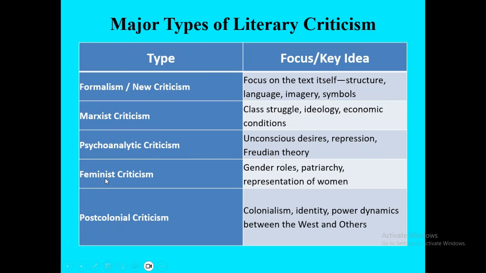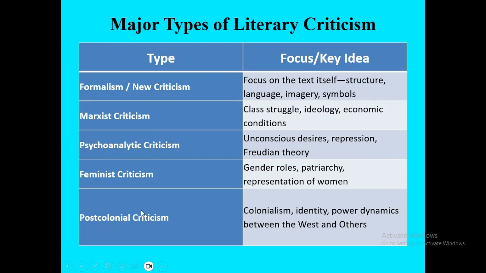Then the next one is feminist criticism. Feminist criticism focuses on gender roles, patriarchy, that is male dominated society, and representation of women in literary works. These are the aspects which we find in feminist criticism.